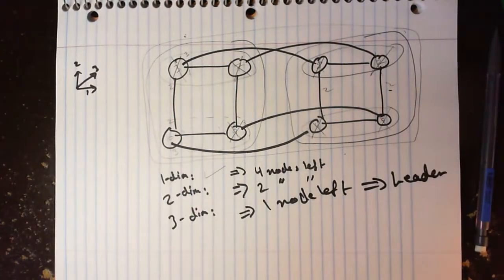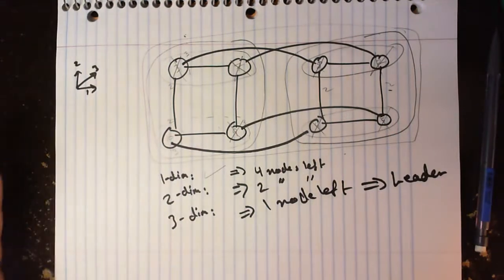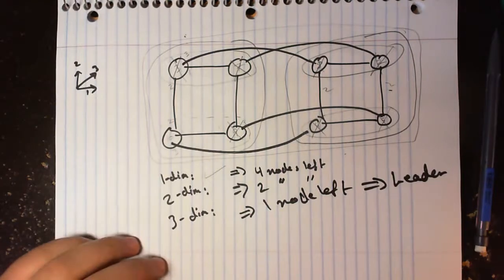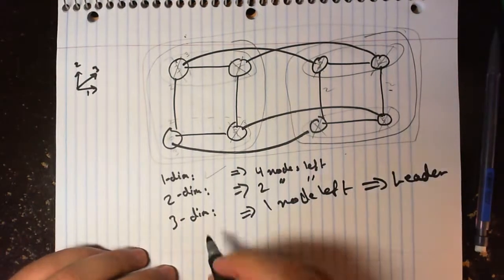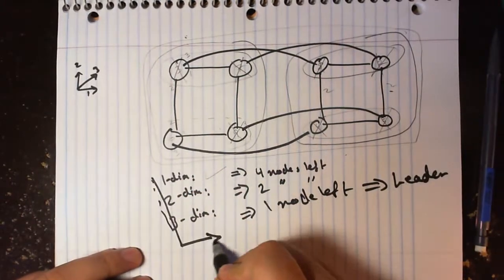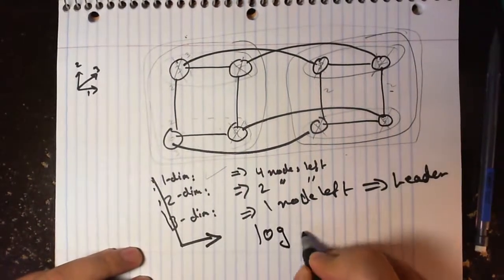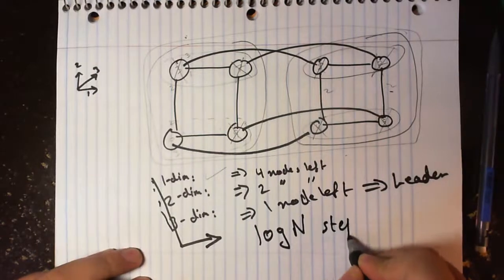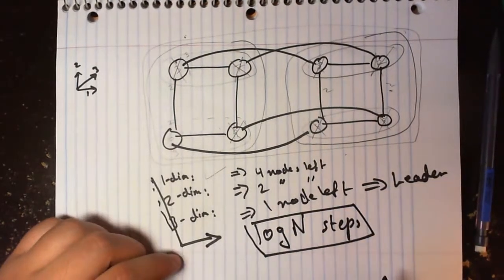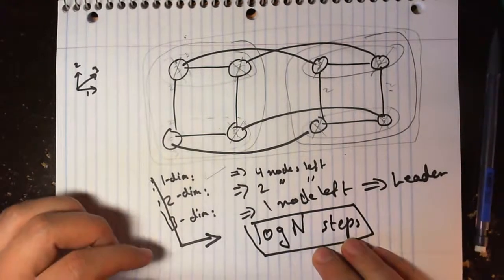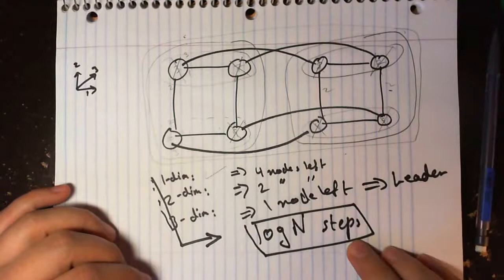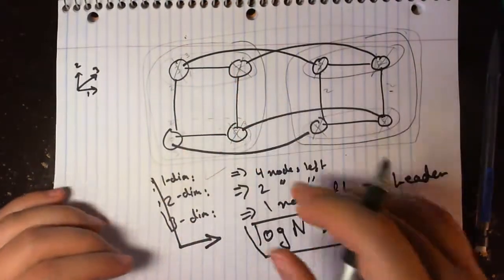We turn half the nodes into followers, and the other half are still candidates for leadership. So it's good. It means that overall, how many steps do I have? I have log of n steps. Okay, and this is key. This means that it's very finite, and it's not linear, which is nice. We'll see how we can get an O of n result.